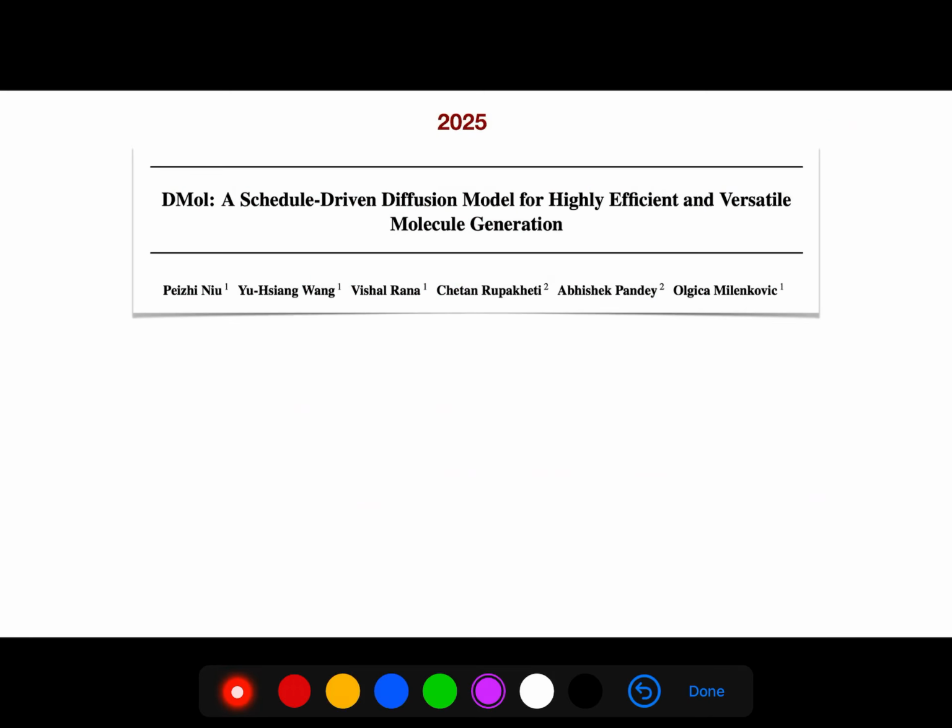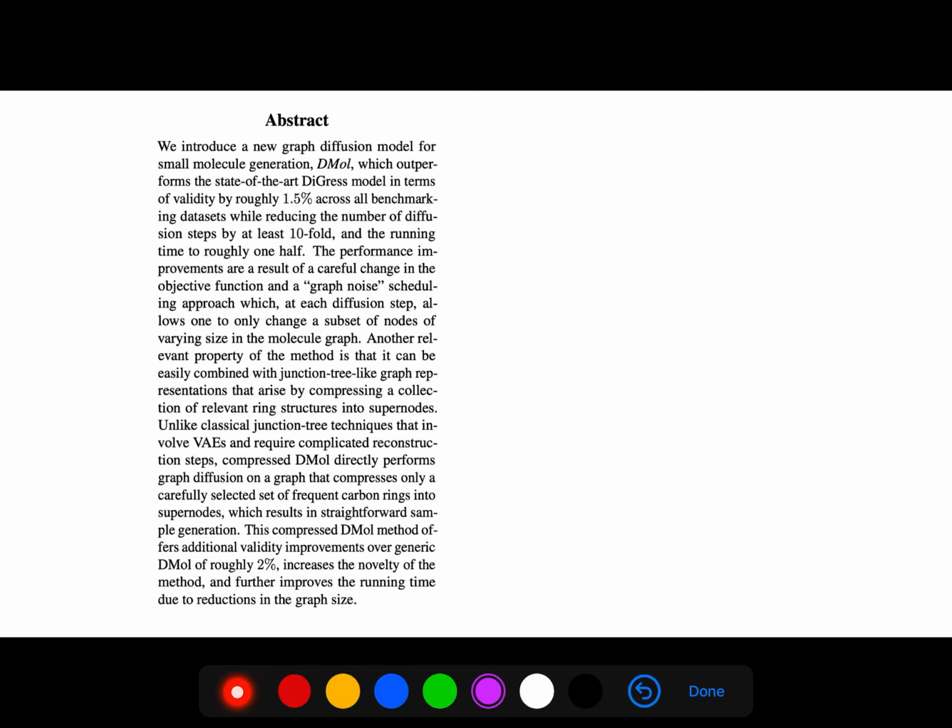DMol, a schedule-driven diffusion model for highly efficient and versatile molecule generation.